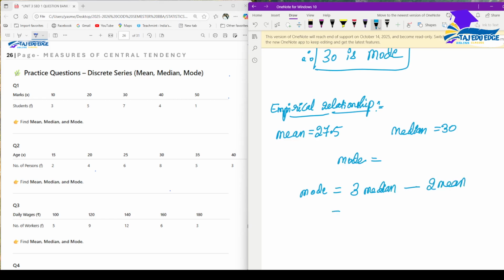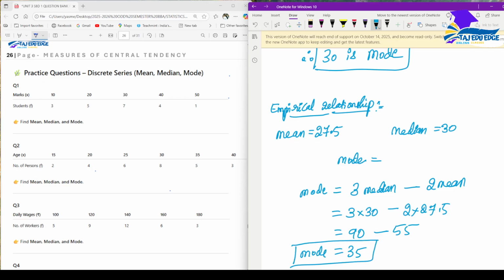So now 3 into 30, that is 90. 2 mean, 2 into 27.5. 27.5 we calculate in calculation. 0.5 into 2 is 55. So now 90 minus 55 is 35 is mode. This is approximate value.